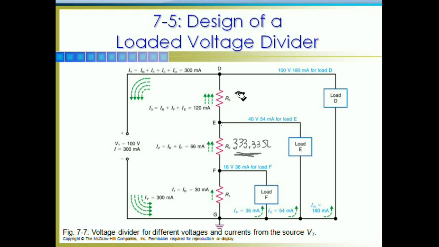All right. Then R3 is going to have this 66 milliamps, and then the additional 54 milliamps required by load E. So R3 is going to see 120 milliamps of current, and of course we have 40 volts, and our original source is 100 volts, so he's going to be dropping 60 volts.